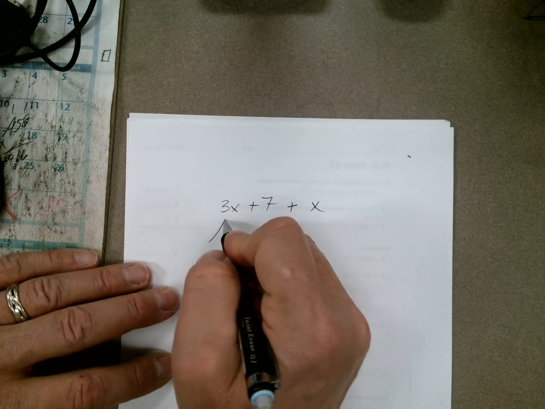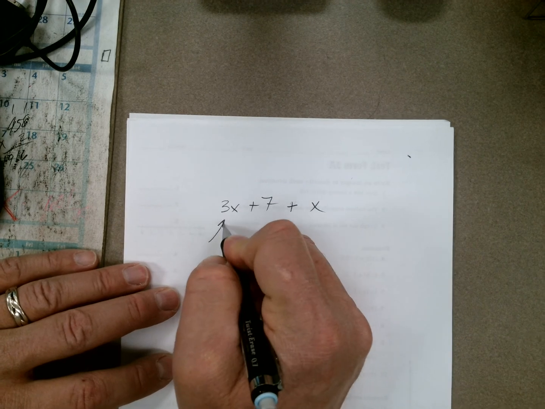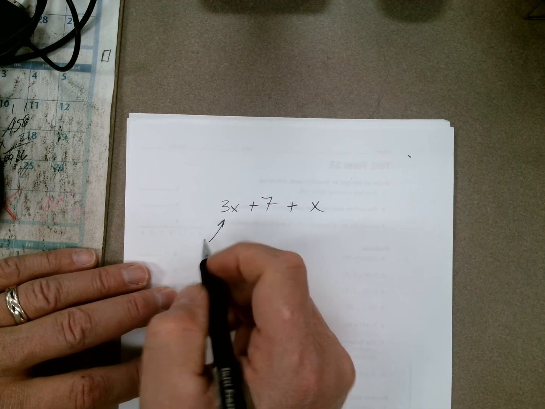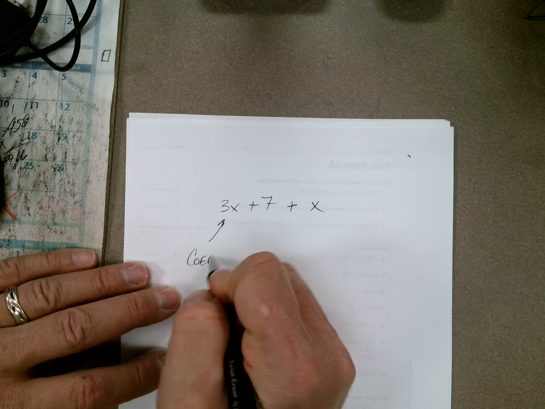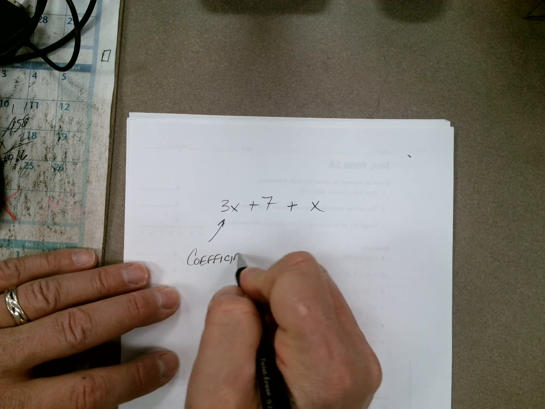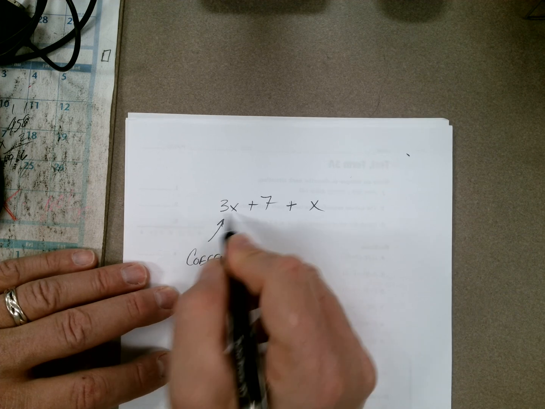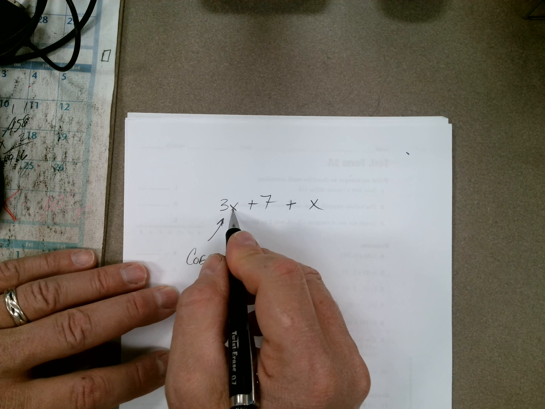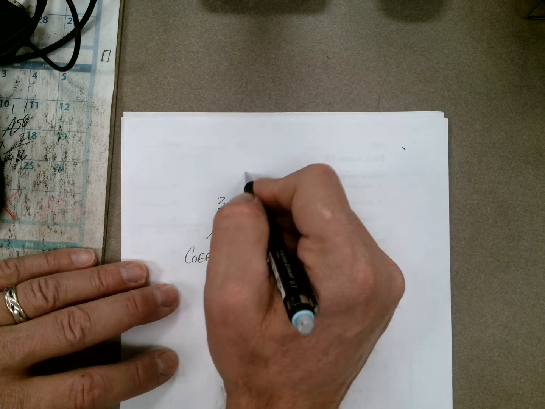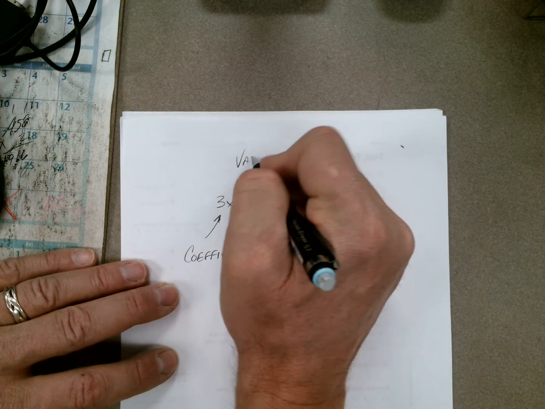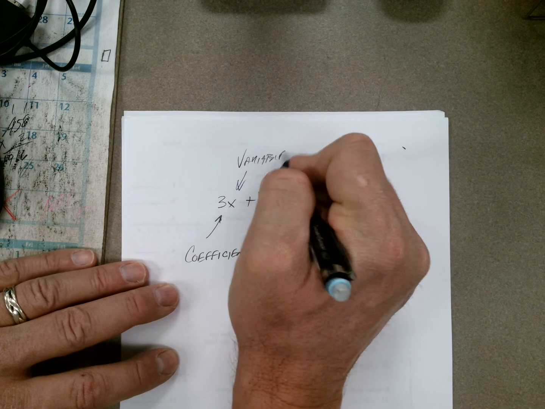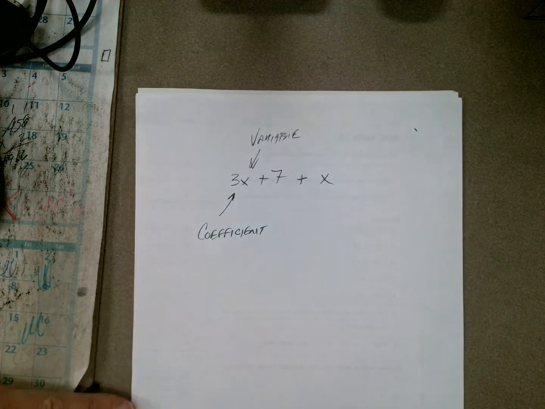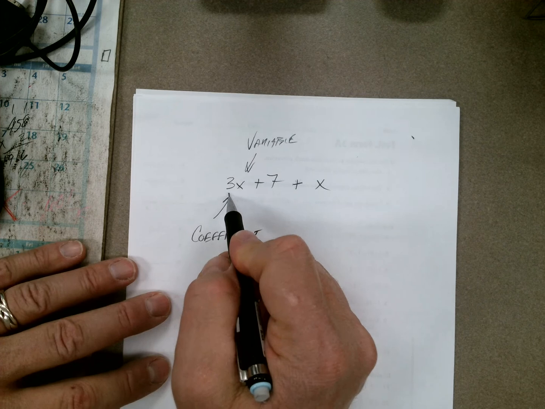Last week I talked to you about the number before a variable, and that number before a variable is called a coefficient. A coefficient tells us how many. It means this number times that variable. The variable here is x. You don't really need to write this down, just kind of listen. So this is the coefficient. That's a variable.